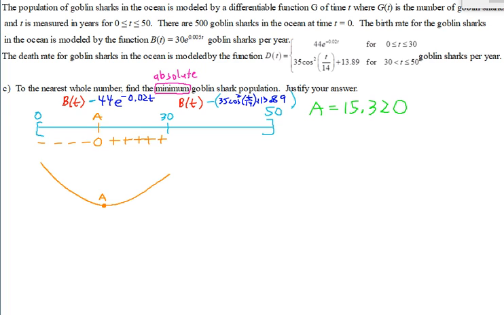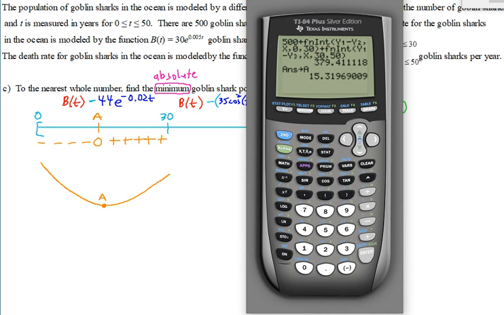So let's see how we do that on our calculator. Back to the 84. Go to y equals, and in case we need it later, I'll leave this y1 minus y2, but I'll de-highlight it. And for y5, now we want y1 minus y3.